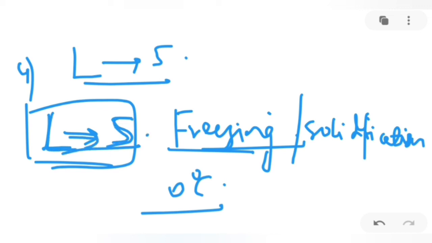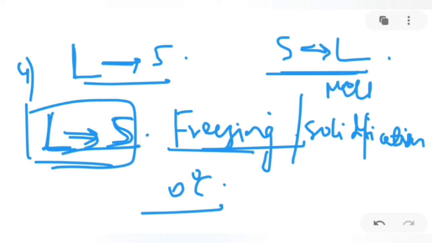So this is known as freezing. It's the reverse of what we did when we converted solid into liquid. There we melted. So freezing is just the reverse of melting.